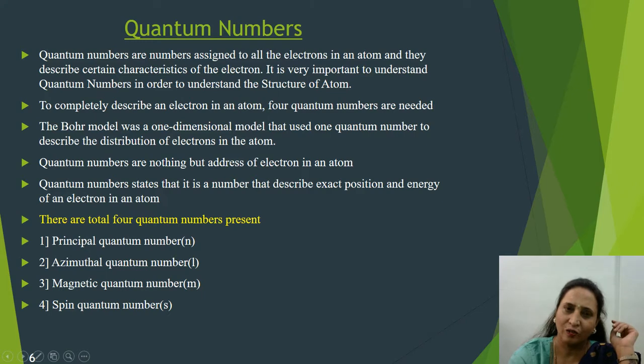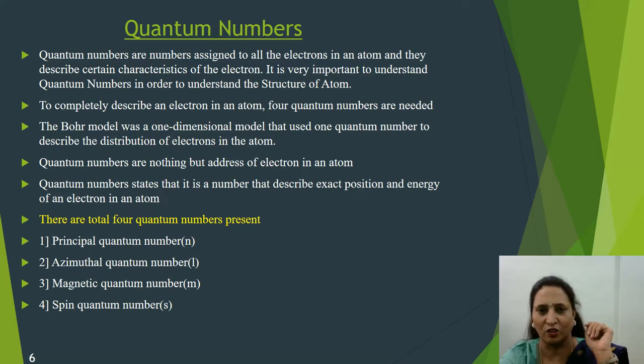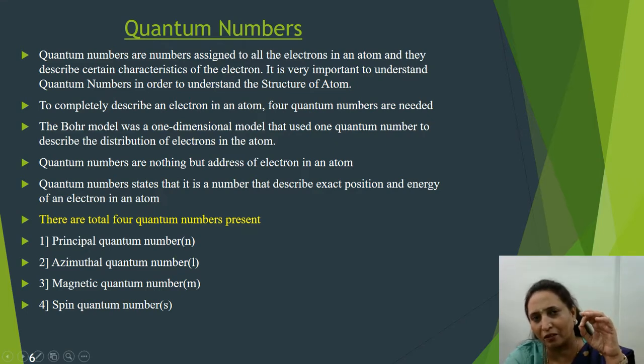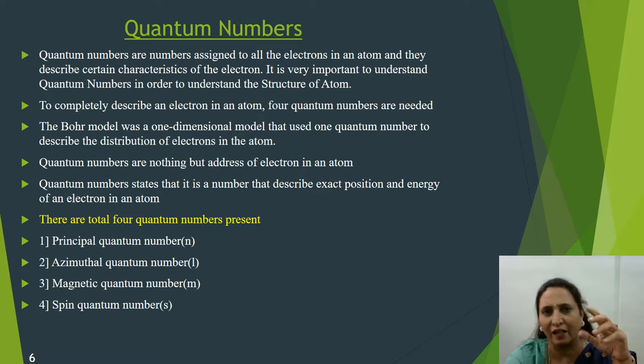In other words, quantum numbers are nothing but the address of an electron. The main role of quantum numbers is that they describe the exact position and energy associated with an electron in an atom.